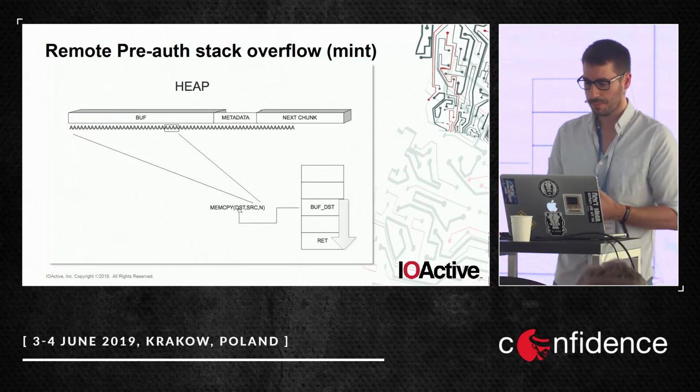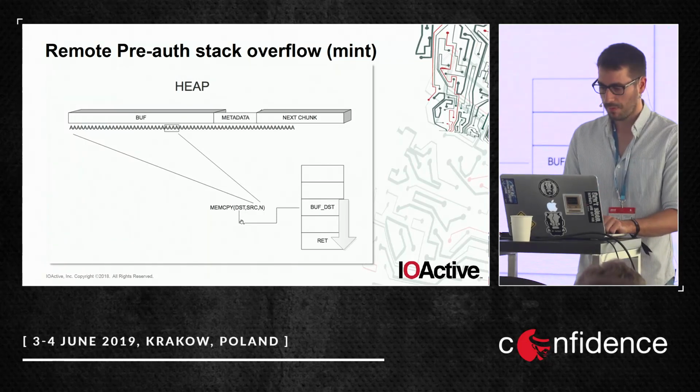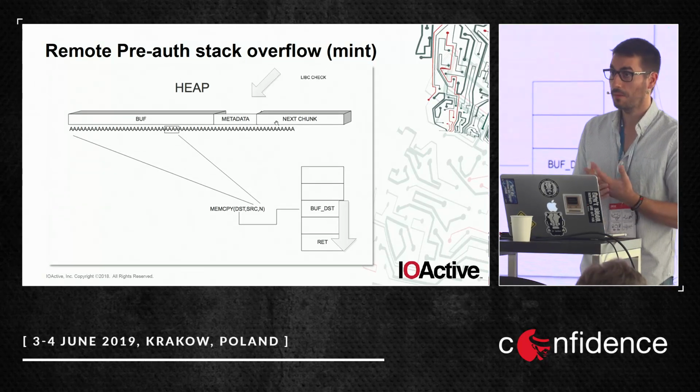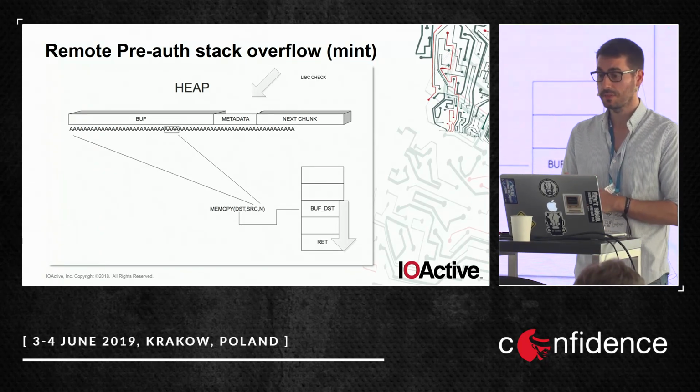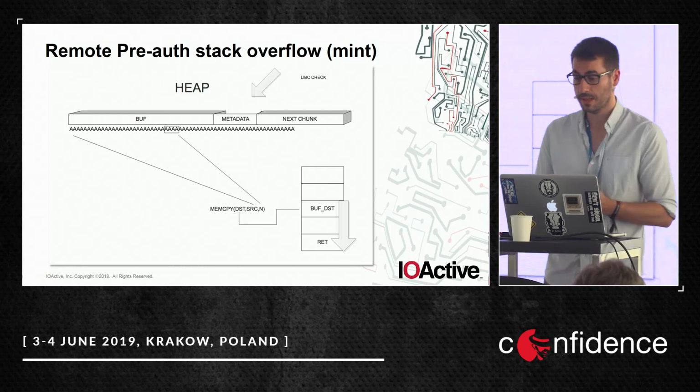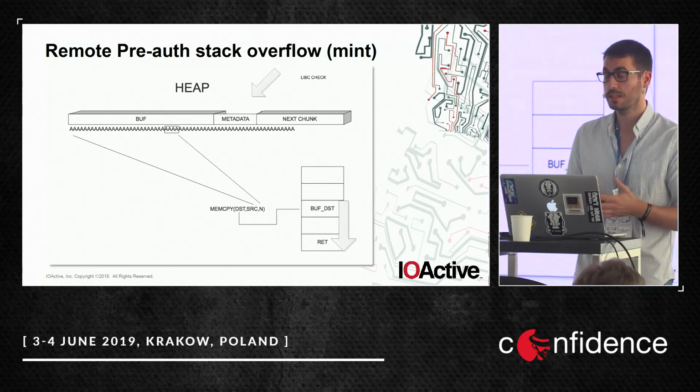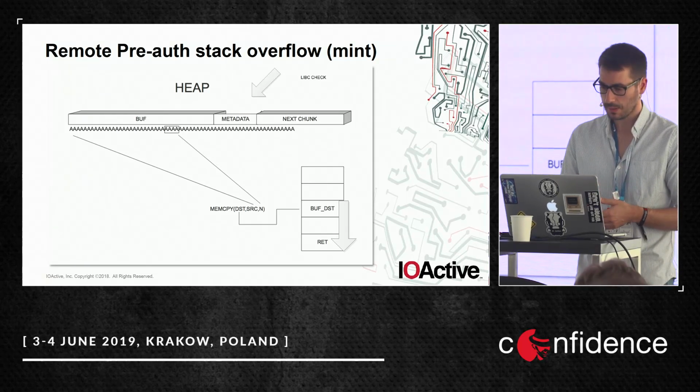So this is a memcpy where the destination buffer is a stack buffer, as I said. So if we want to reach and overwrite the return address in the stack, since our source comes from the heap, it has to be big enough. And then we will overwrite the next chunk's metadata and the next chunk. So this might cause a problem because if the LIBC sanity checks are in place, then it could crash and ruin our exploit.